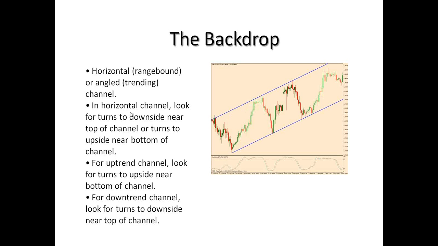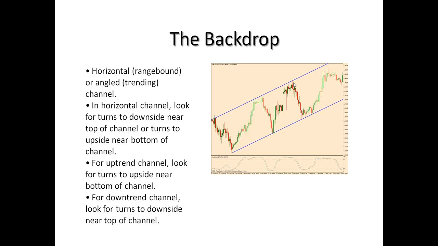In a horizontal channel, as I mentioned, you look for turns to the downside near the top of the channel, from resistance, and you also look for turns to the upside near the bottom of the channel, near support. But in an uptrend channel, you look for turns only to the upside near the bottom of the channel.